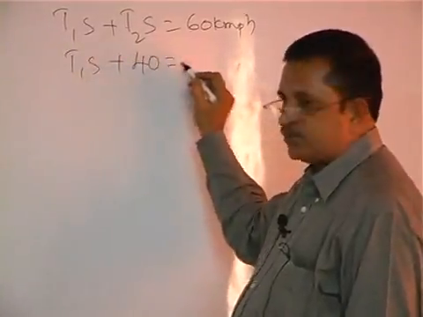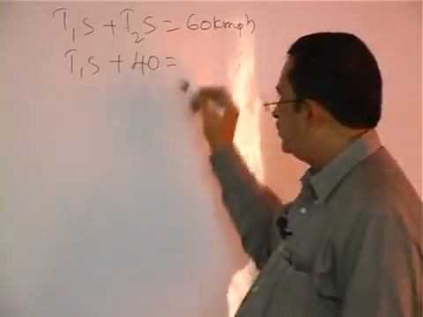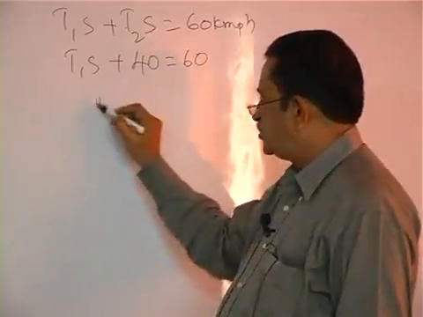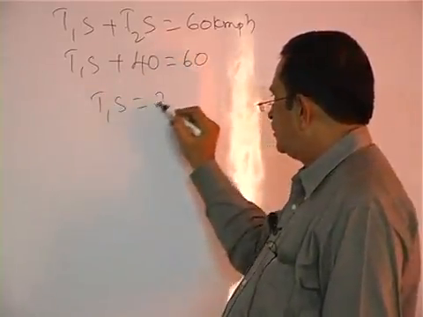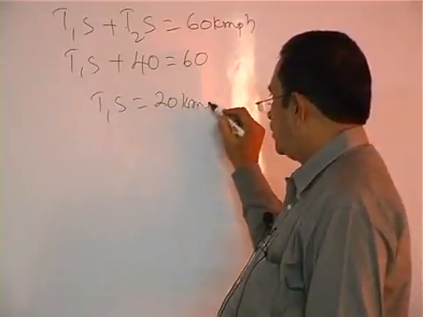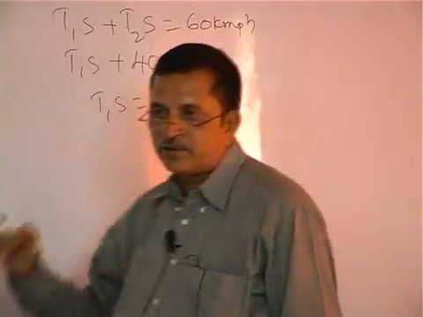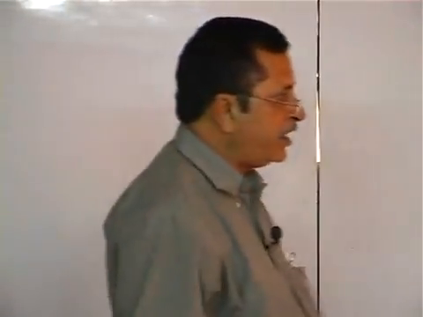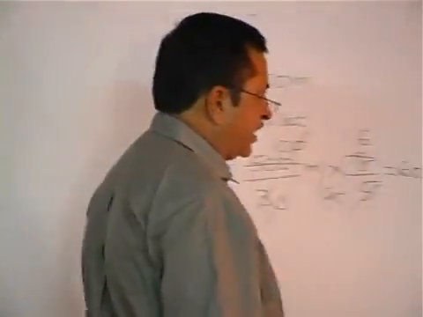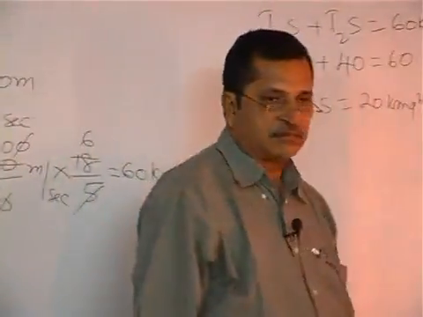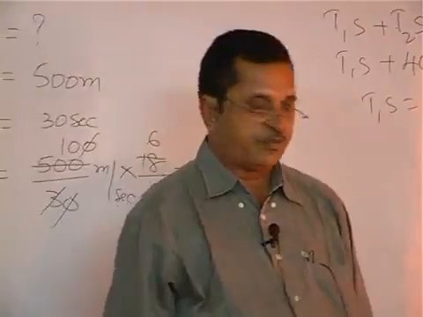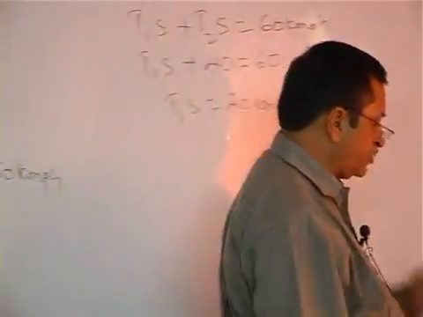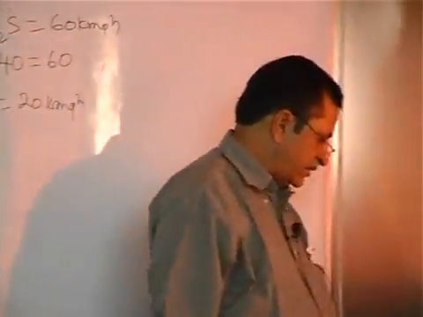Second train speed is 40 kilometers per hour, so the sum is equal to 60. So train 1 speed is 20 kilometers per hour. So the speed of the first train is 20 kilometers per hour.